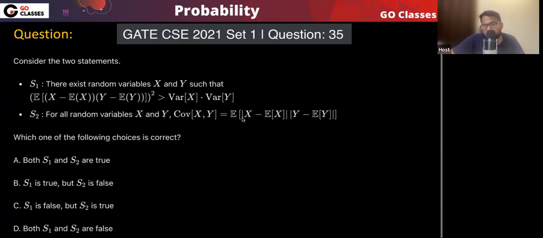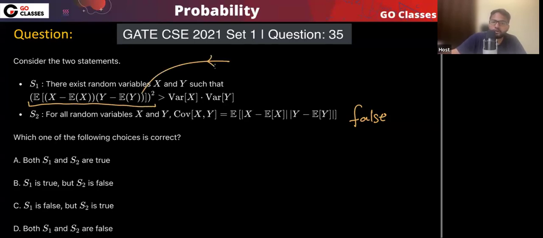Just to let you know, this is a modulus operation, a multiplication of the modulus. So tell me, is the covariance defined with the modulus operation? No. So that's why this is false, right? Okay, what about this? This whole quantity is nothing but the square of covariance.